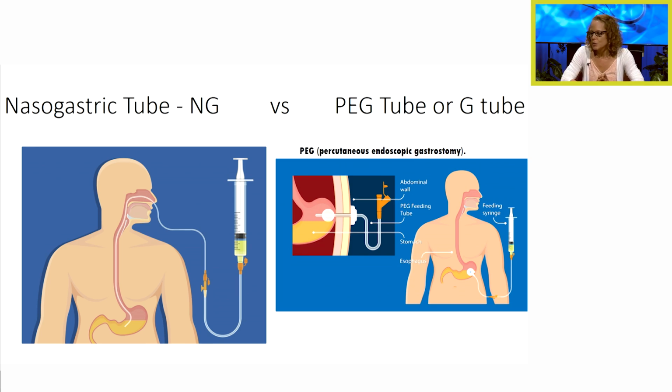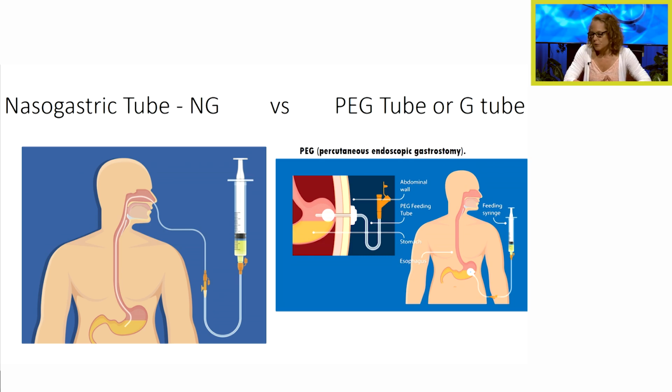This is a tube that is placed sometimes by the nurse in the clinical setting, usually more in a hospital setting. We're going to talk about the reasons for this in a moment.